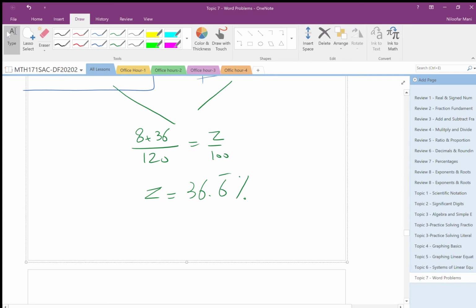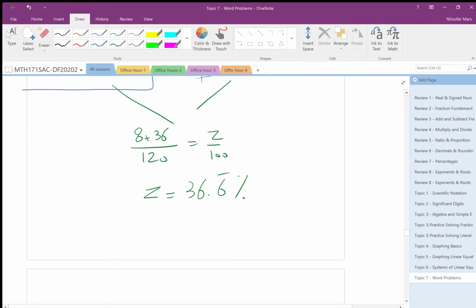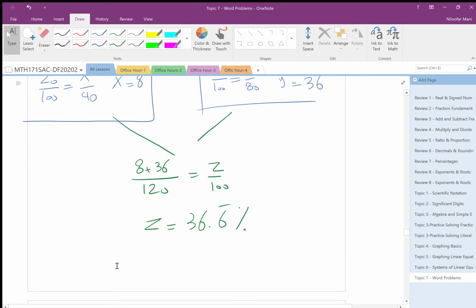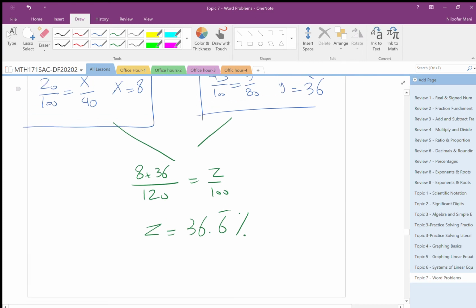Or I can say there are 36.6% red marbles in the final box.